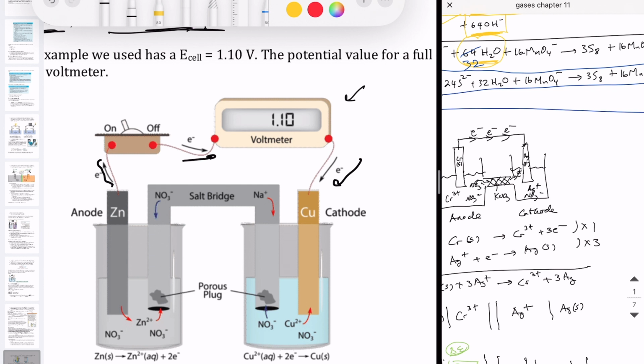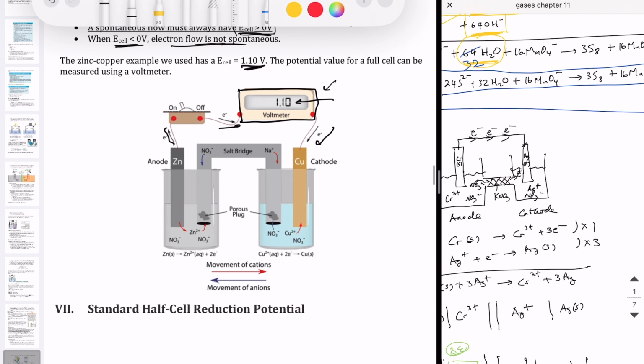If you set up the voltmeter right in between that flow, you're going to be able to see how much voltage the electrons generate. So for that zinc copper pairing, it'll be 1.1 volts, okay? And so that's the specific value of cell potential that will be generated by a zinc and copper pairing.